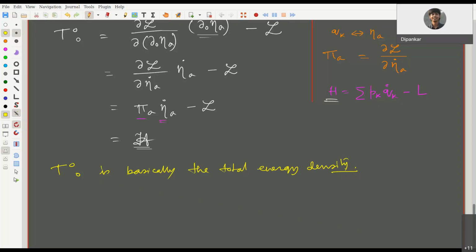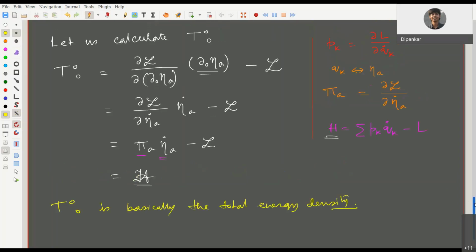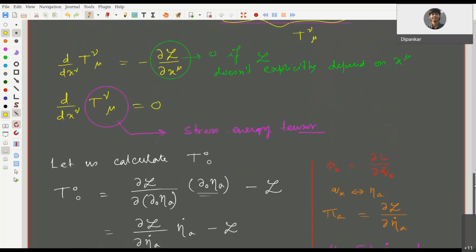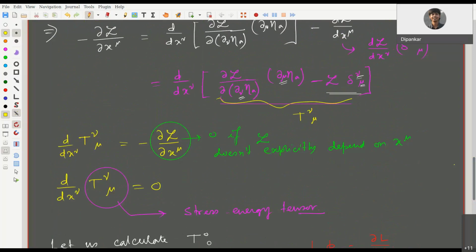Now, one small comment I want to make is that these indices, one upstairs and one downstairs, were intentional. If you want to judge, for example, whether T mu nu is symmetric or antisymmetric, you need to remember that this mu and nu should be either both covariant indices or both contravariant indices.